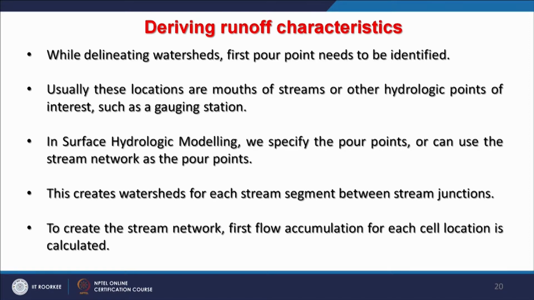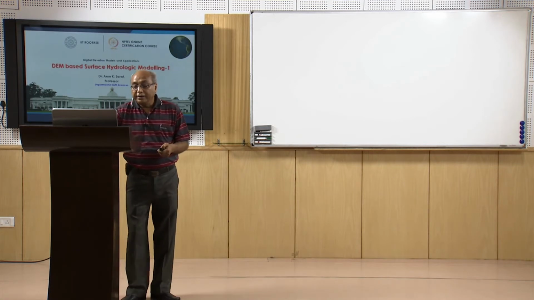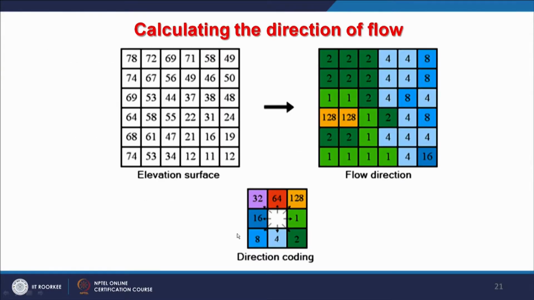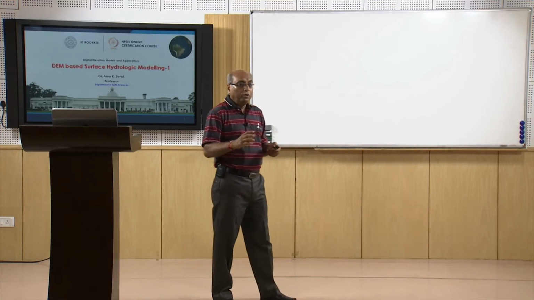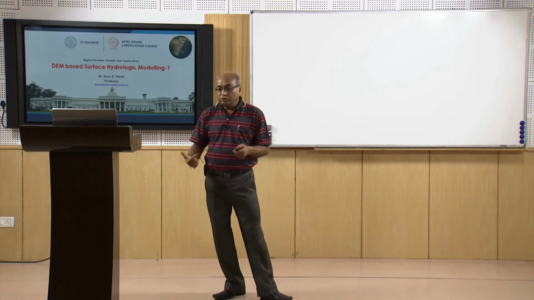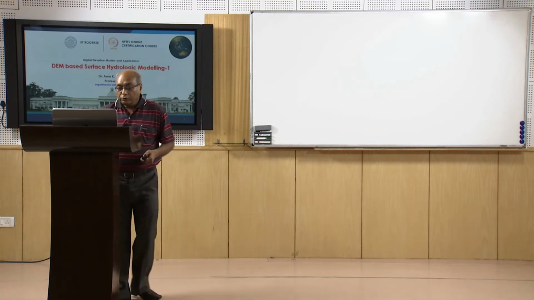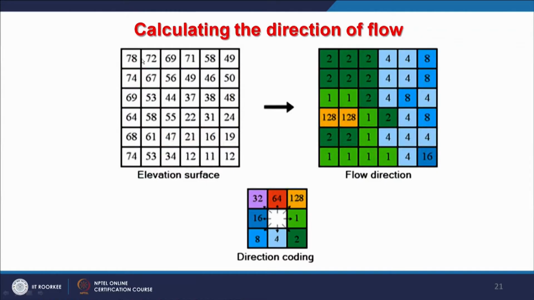So, in order to create a drainage network, after the flow direction the next thing is that flow accumulation for each cell is calculated. If we look at the cell basis of how flow direction is derived, on the top left we have a digital elevation model of a very small area, and when we create a flow direction we follow a scheme.